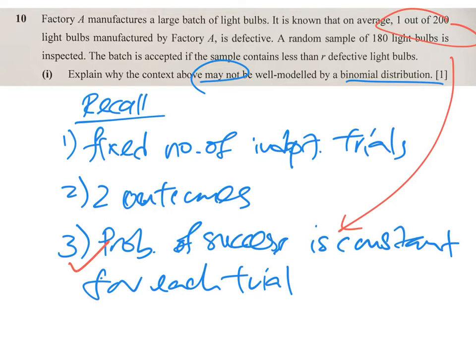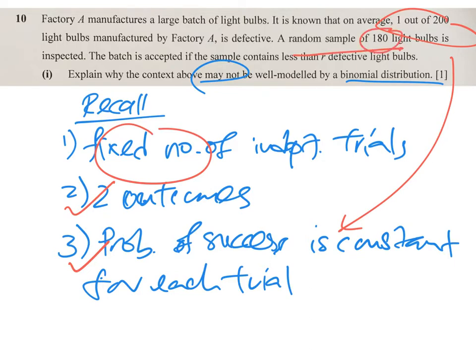Clearly, there are two outcomes in this model: the light bulbs being defective or non-defective. There is also a fixed number of trials because we are told that we are taking a random sample of 180 light bulbs.